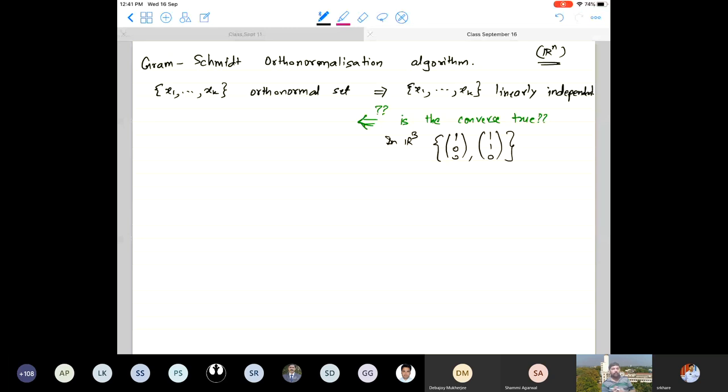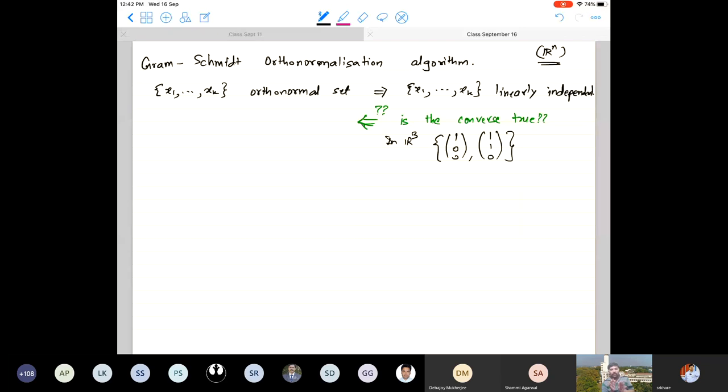But there is something very interesting that Gram-Schmidt orthonormalization is saying: if you give me a linearly independent set, then I can construct an orthonormal set out of it, and that orthonormal set will satisfy certain very interesting properties that we will see here.